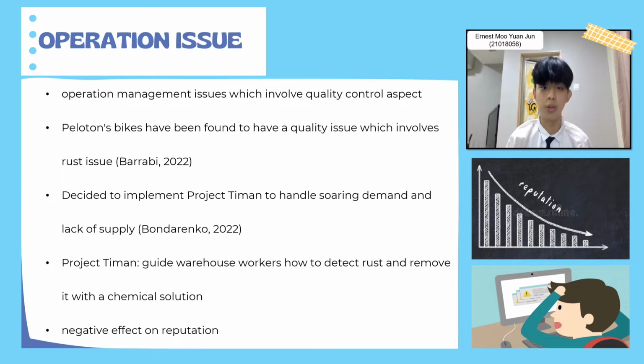The main element of Project Demand was to guide warehouse workers on how to detect rust and remove it with a chemical solution. However, some customers still found signs of corrosion and sent back those defective products to the company. As a result, this action taken by Peloton, which abandoned its own quality control standards to meet the supply speed due to high demand, caused a negative effect on the reputation of Peloton.